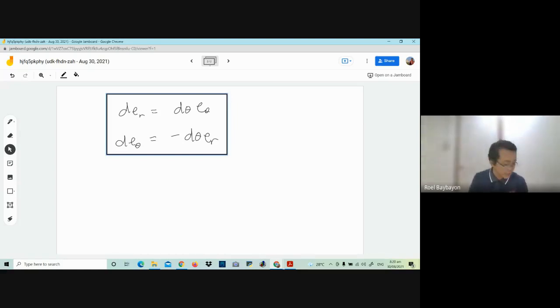But since this is in plane polar coordinates, there is a change of our unit vectors e_r and e_theta.